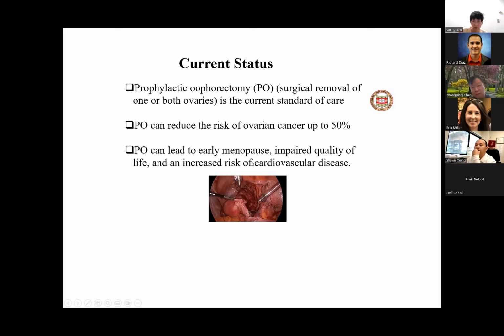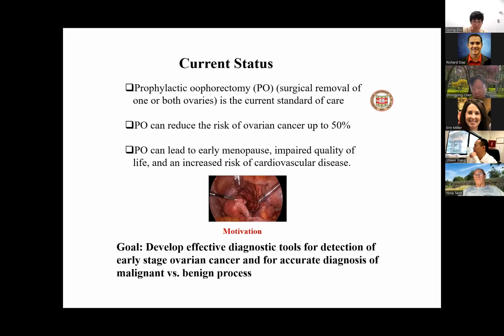Also, for a certain group of patients who have a higher risk for breast and ovarian cancer, they do preventive surgery to cut the ovaries out, and sometimes the breasts too. This can cause early menopause, impact the quality of life of patients, and also increase the risk of other cardiovascular disease. So there is really no good solution right now.